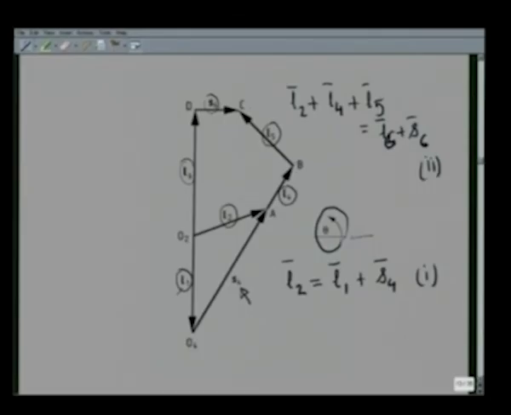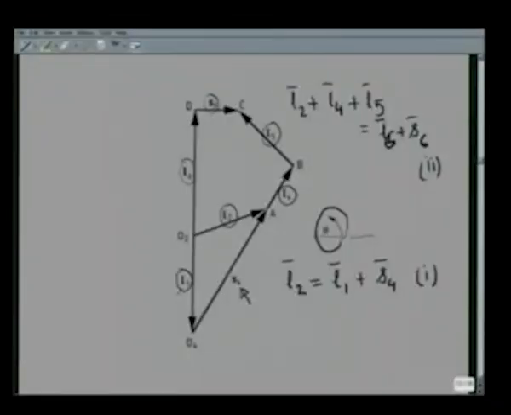So, we have 2 vector equations which, as I said earlier, are equivalent to 4 scalar equations, that is equating the real and imaginary parts or x and y components, however you say it. From these 2 vector equations I get 4 scalar equations. So, I can solve for 4 unknowns. Now, let us see in this problem what the unknowns are.